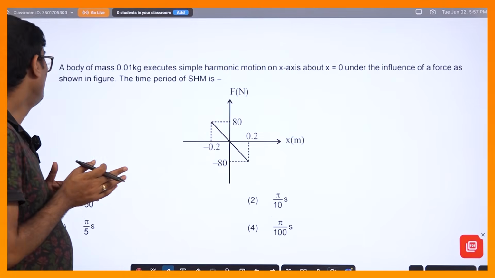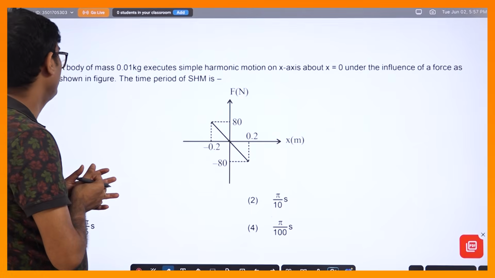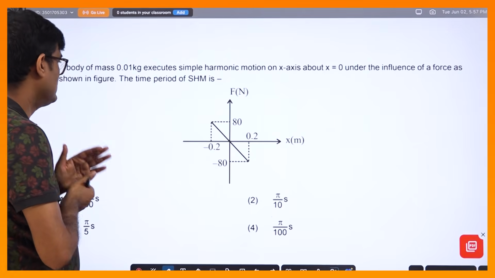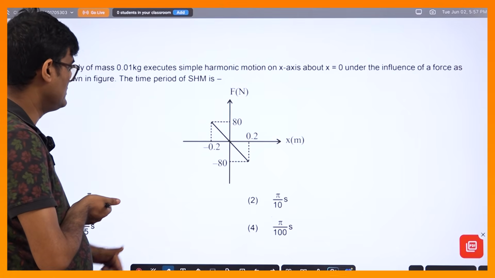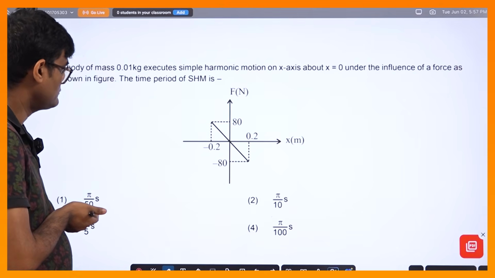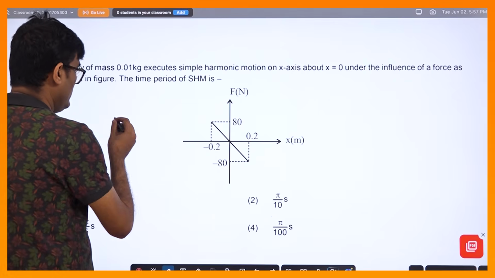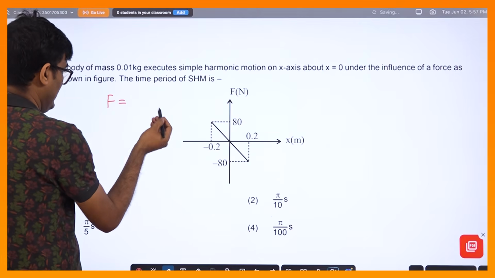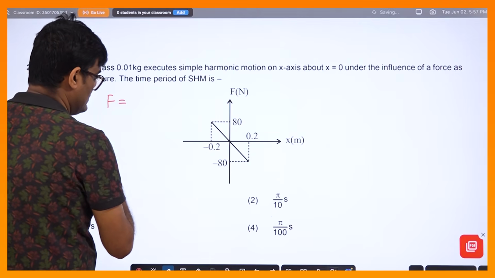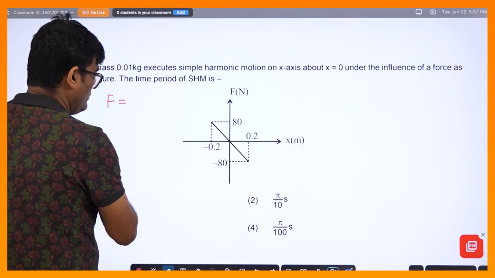Okay. A body of mass executes simple harmonic motion on the x-axis under the influence of a force as shown. What is the time period of oscillation? All right. So for this force, you can see the equation of the force is F equal to minus kx. What is k? You can see the slope, this is 80 and this is 0.2, right?